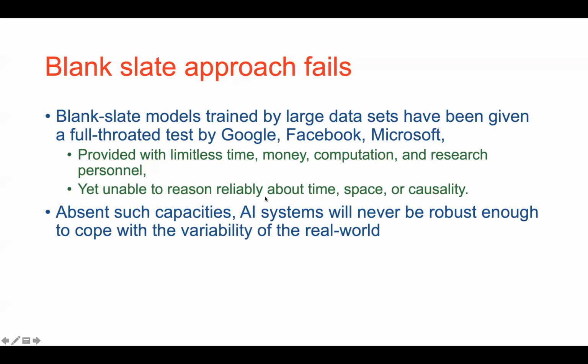Yet they are unable to reason reliably about time, space, and causality. Examples are GPT-2. Absent such capacities, AI systems will never be robust enough to cope with the variability of the real world. So the argument here is against the blank slate approach, learn everything from what is available out there.